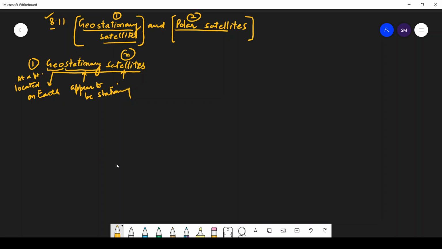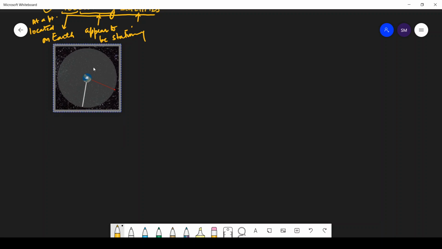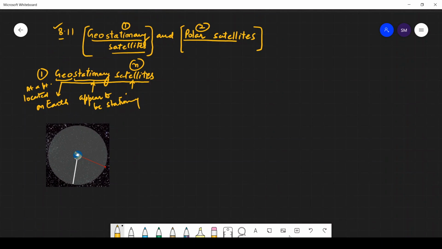Okay, so a geostationary satellite orbits the earth at the same speed as the earth itself is rotating, and therefore it appears to always be in the same position relative to an observer on the planet.